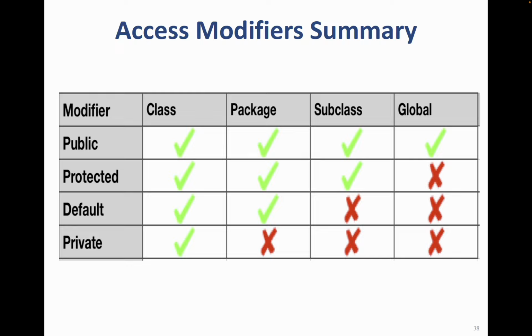Like as humans, we have a father and then we are their child, and we have some similarities. A subclass means basically a child class. So the short answer for now is, if there is any inheritance relationship, then protected will provide accessibility. But we'll see it later once we start the inheritance.